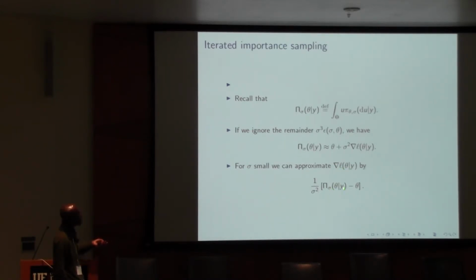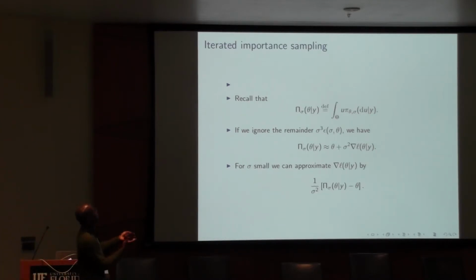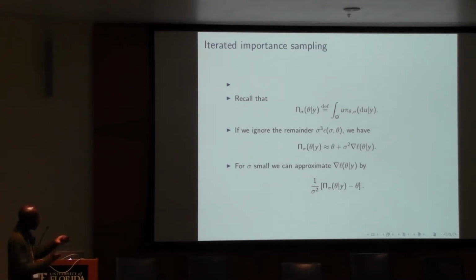Of course, because this is a posterior mean, we could approximate it by simulation, and that is where we go back to the original problem: even if we cannot calculate the density of the observation process, if we can simulate from it, we could get an estimate of this term.